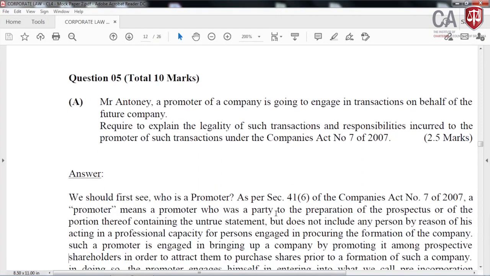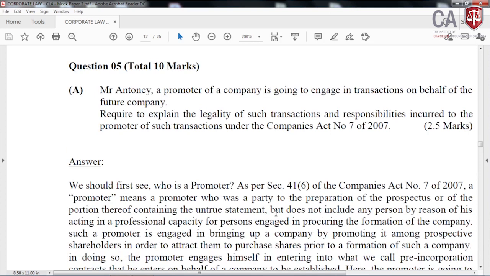Now let's go to question number 5. Here the style and structure are different from the previous ones that we discussed. Why I am saying that is that question 5 carries 4 parts: part A, part B, part C and part D. And each of the parts carries an equal amount of marks, which is 2.5 marks per part.